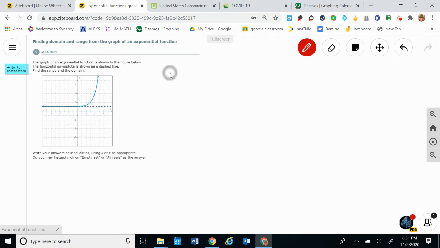Again, remember, domain is x. It's what x can be. You think of it as flat land, okay? Range is the y. So take a look at the domain. Basically, the way you want to ask this is, is there any value for x you can't find a value for y?